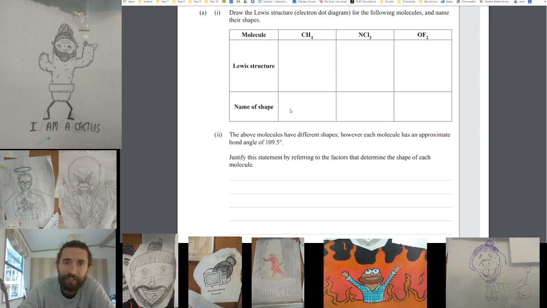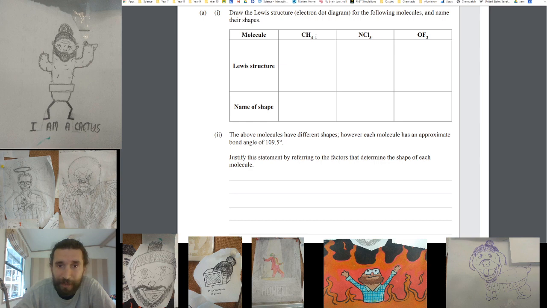So you're basically going to explain the shape of each one and why they all have a 109.5 degree bond angle. Basically, the answer is each one of these central atoms, carbon, nitrogen, and oxygen, have 4 regions of negative charge around them.